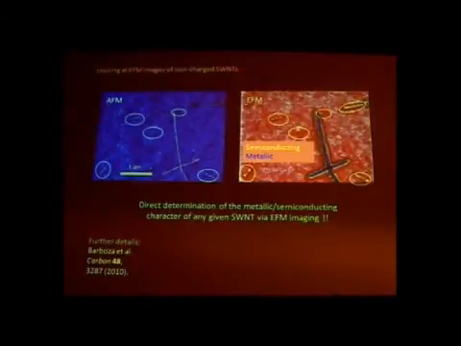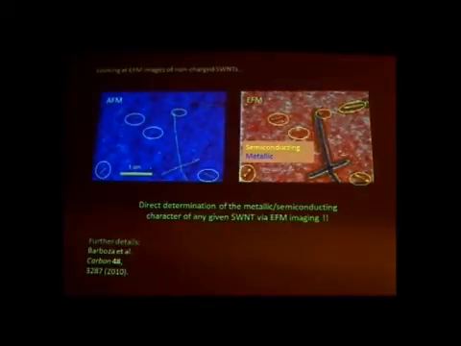For the metallic nanotube, there is a small effect of the substrate. That's why you get a V-shape. For the semiconducting nanotube, you have a large effect of the substrate. That's why you get a W-shape. So you can come back and look at the sample and directly determine which nanotubes are semiconducting and which are metallic.